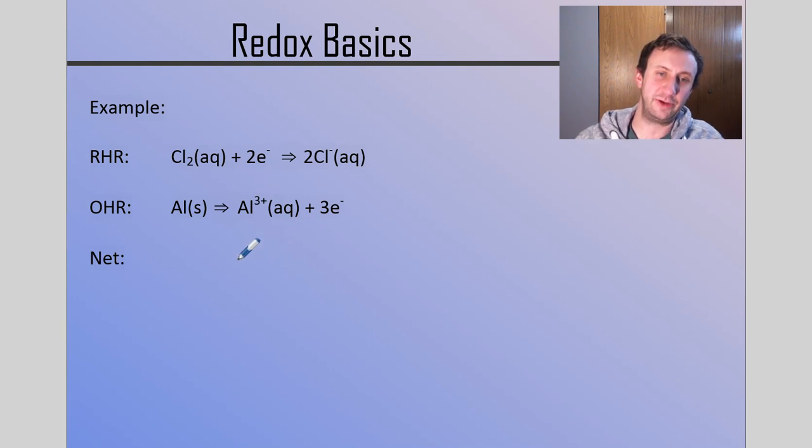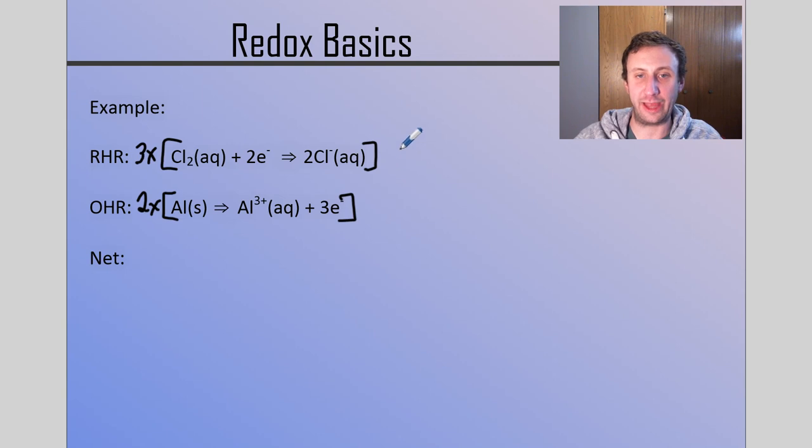If I take a look at electrons, in order for them to cancel out, I have 2 in the reduction and 3 in the oxidation. That's going to meet up at 6. So I need to multiply this one by 3, and I need to multiply this by 2. That will make both equal at 6 electrons.